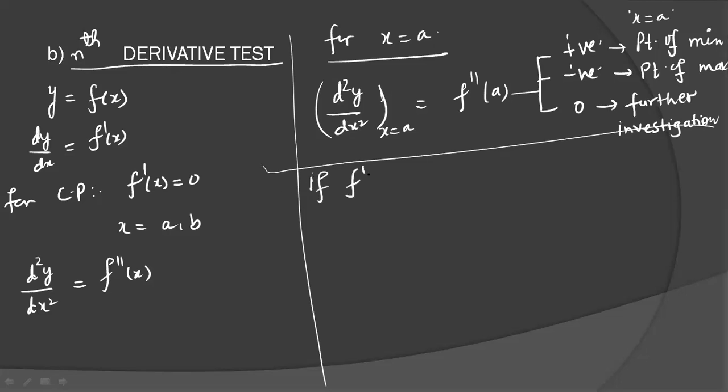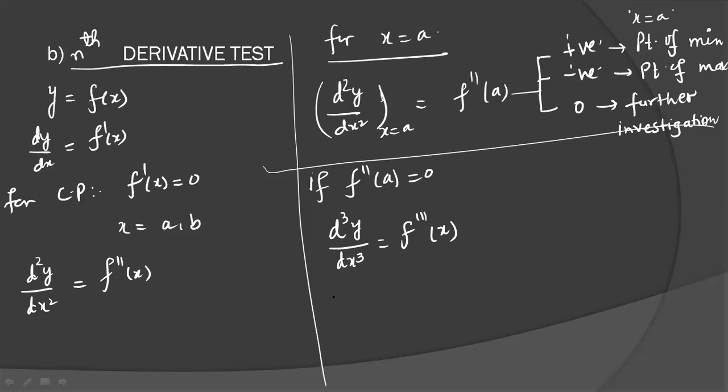If f double dash a is 0, we will find the third derivative, d cube over dx cube, f triple dash x. See, that's why this is called the nth derivative test, not the second derivative test. If you say second derivative test, it is not the correct name of this test. It's the nth derivative test because we have to go beyond the second derivative if we get the further investigation case.